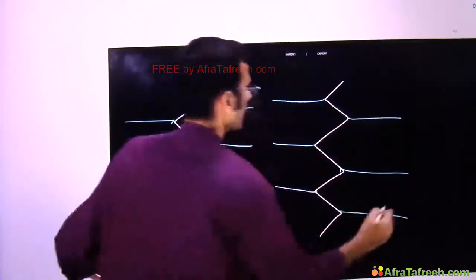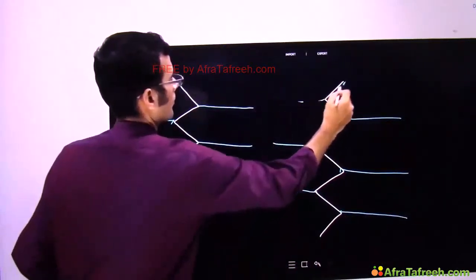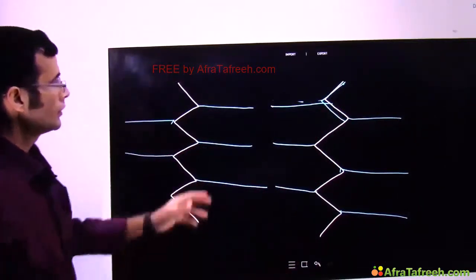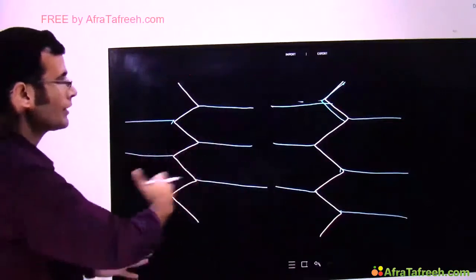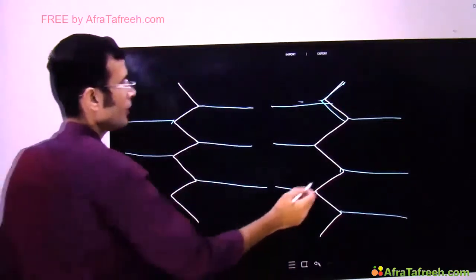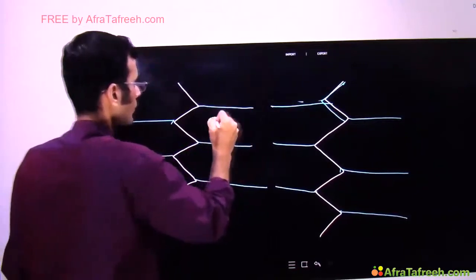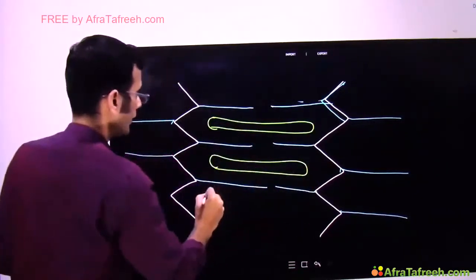Interspersed among the thin filaments will be the thick filaments. That's thin filaments arising on either side of the Z line. Among these thin filaments, then there are thick filaments. That is the organization of thin and thick filaments.